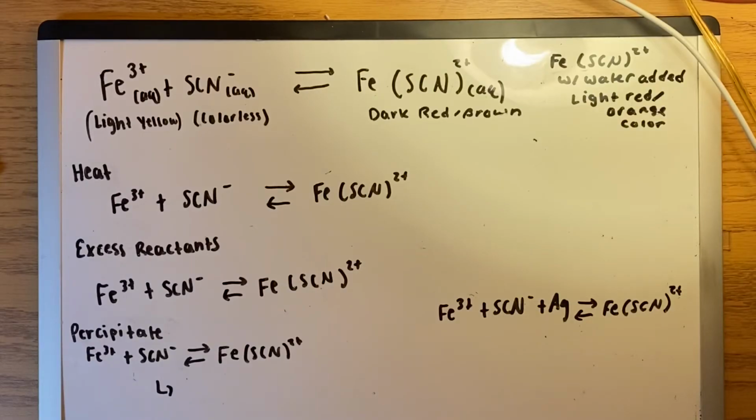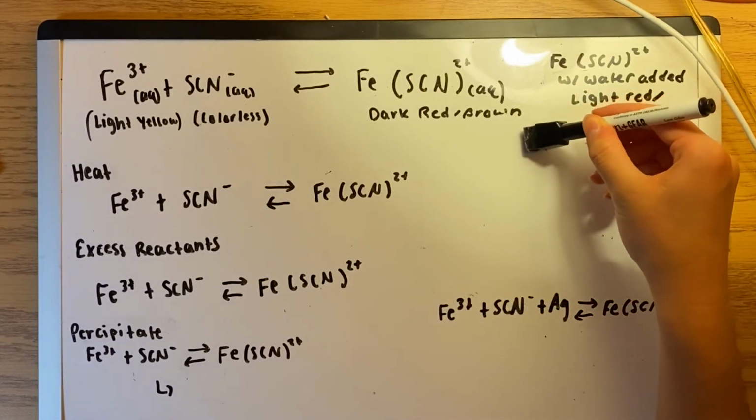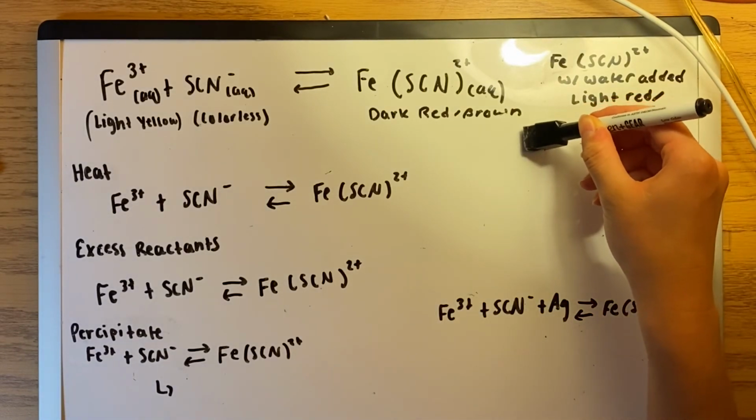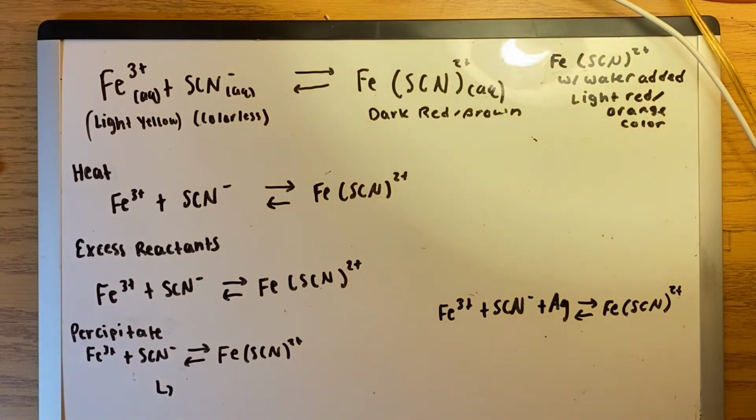The last reaction I will explain is experiment E, iron-iron thiocyanate. Here I have the equilibrium equation for this reaction, and according to chemlibretext.org, the initial color of the Fe3+ ion is a light yellow aqueous solution, and the color of the thiocyanate ion is a clear aqueous solution.